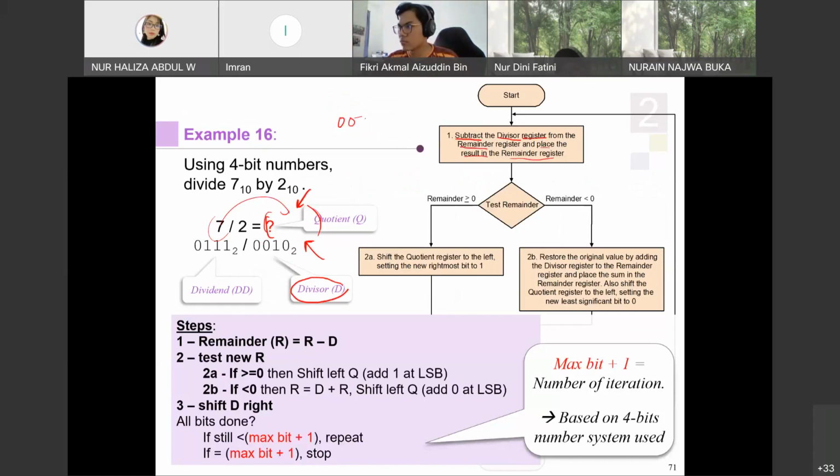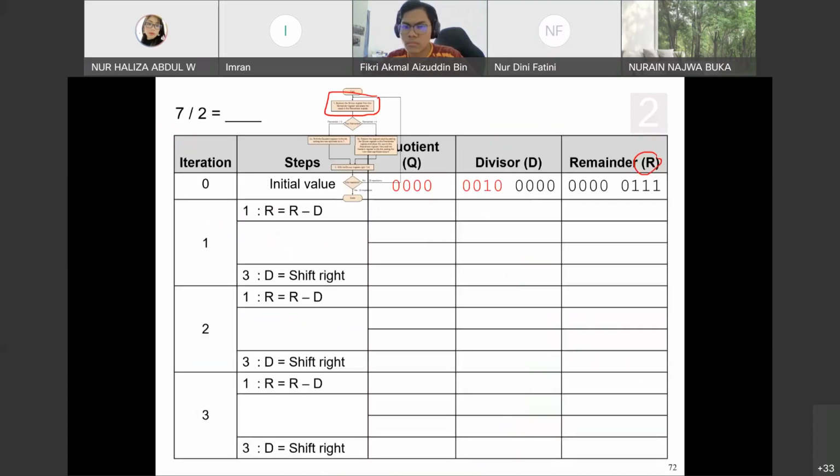First of all, you have 0, 0, 0, 0 because there is nothing, but you're going to subtract it, and that's why you will get the answer just now, which is 0, 0, 0, 0, 0, 1, 1, 1. I repeat again, you subtract the divisor, which is 2, from the remainder register and place the result. This is step number 1.